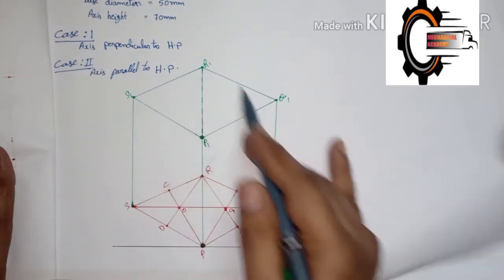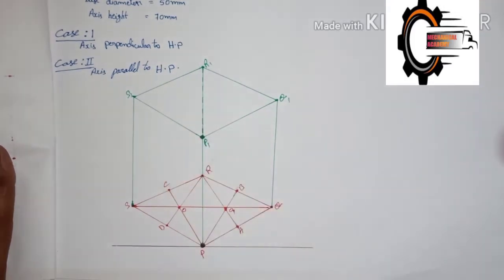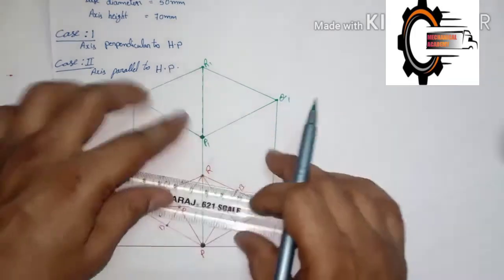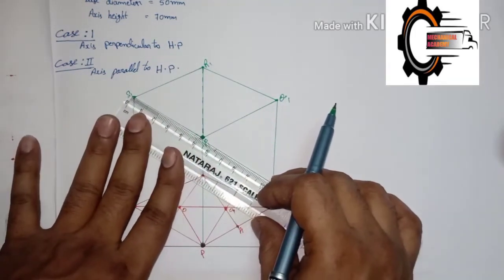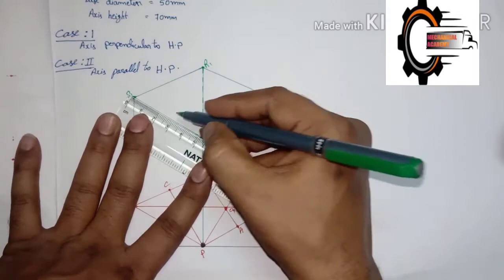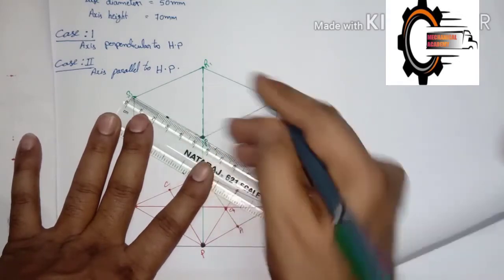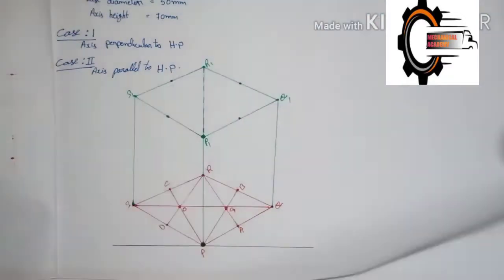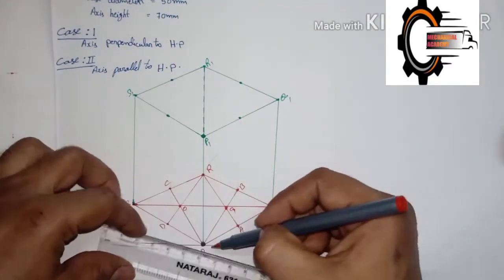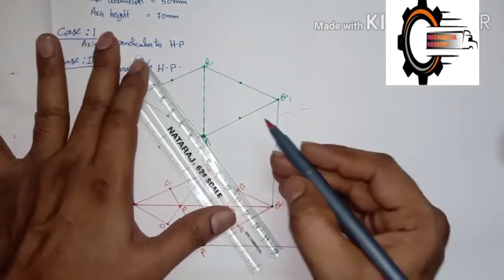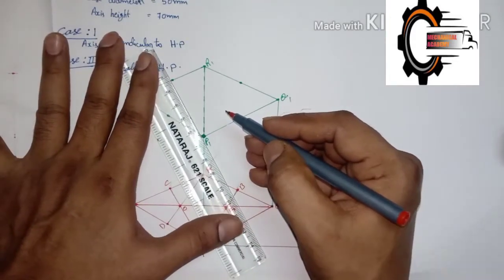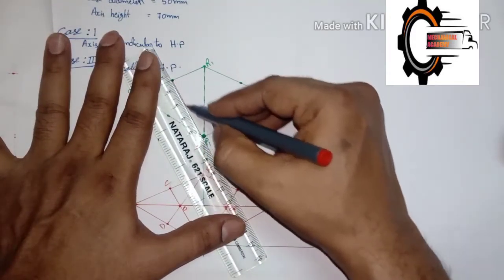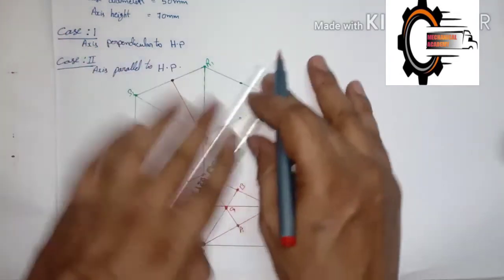Then we will draw the other circle over here. For that we have to take the midpoints of each side. Then we will mark it as, so here is the 2.5, the same as done on the bottom face. From the point P I am joining these opposite midpoints.